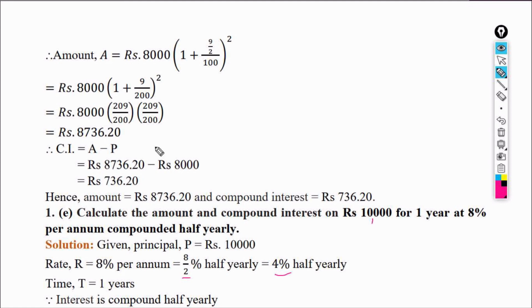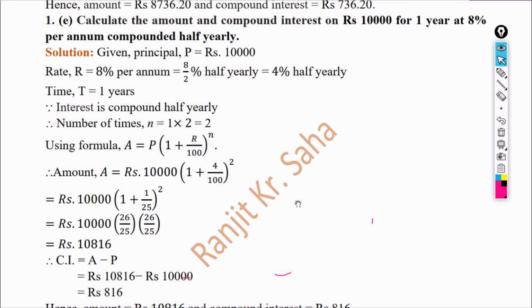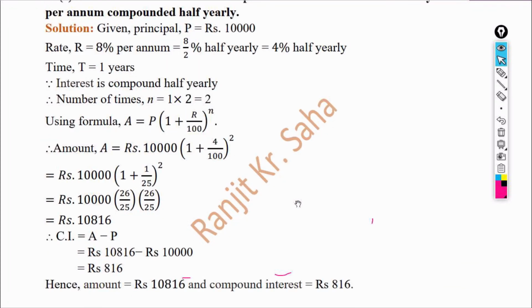You can put the values in the formula, and n equal to 1 year into 2 times, that is equal to 2. It is simply 26 by 25 into 26 by 25. You have to multiply this with the principal, that is rupees 10,000, and calculate the amount.